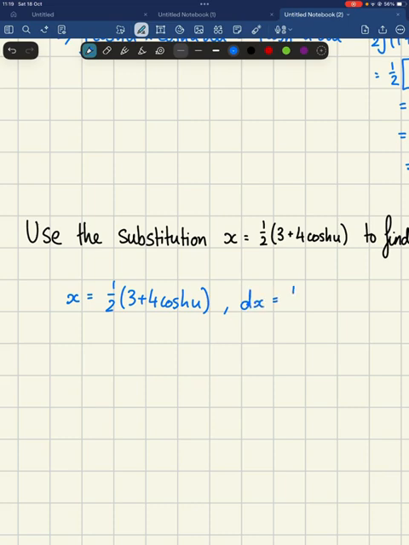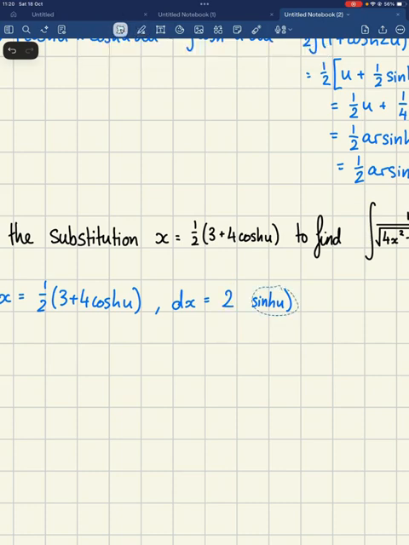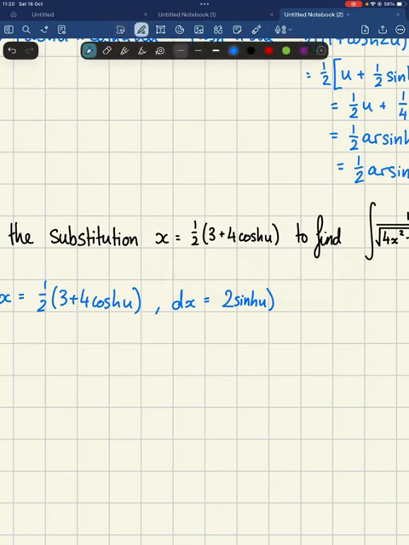Well, dx will be a half. The derivative of 3 is just 0. The derivative of 4 cos u is minus 4 sine u. Well, 4 over 2 is just going to be 2, so 2 sine u du.